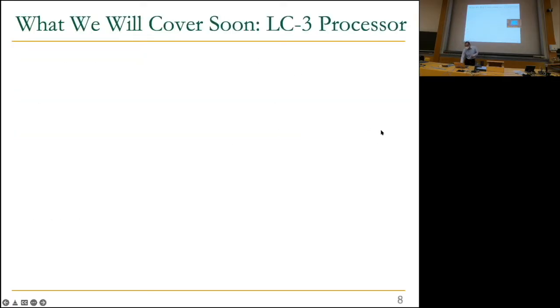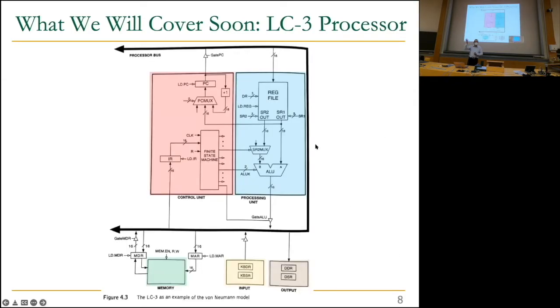And we will soon see something called an LC3 processor, just to jog your memory. Whenever you implement a processor, it has sequential components and combinational components. And I wanted to show you over here, there's a finite state machine that controls the execution of instructions in this processor. We're going to look at this processor partially, but this is not what you're going to implement.